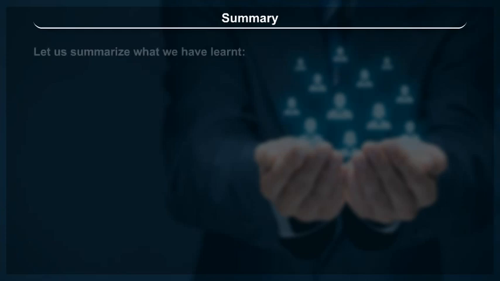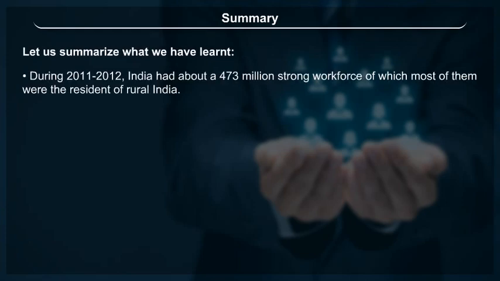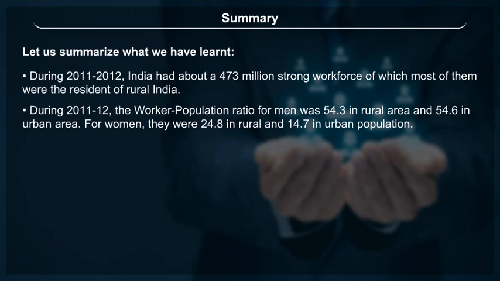Summary. Let us summarize what we have learnt. During 2011-12, India had about 473 million strong workforce, most of whom were residents of rural India. During 2011-12, the worker population ratio for men was 54.3 in rural areas and 54.6 in urban areas.